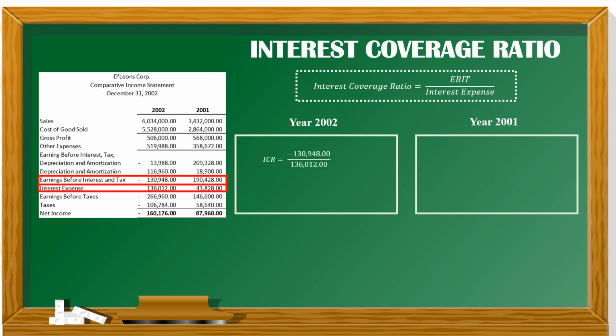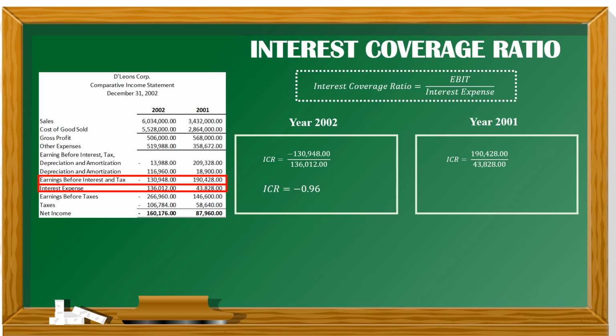Here for 2002, the EBIT is negative 130,948 divided by its interest expense of 136,012, while in 2001 it has an EBIT of 190,428 and an interest expense of 43,828.